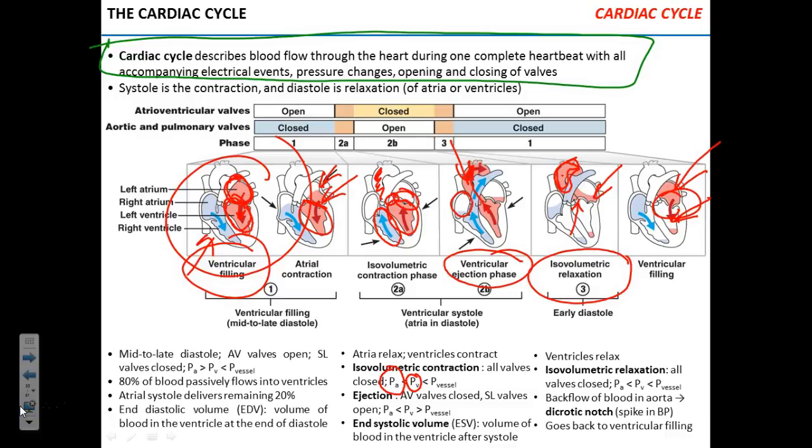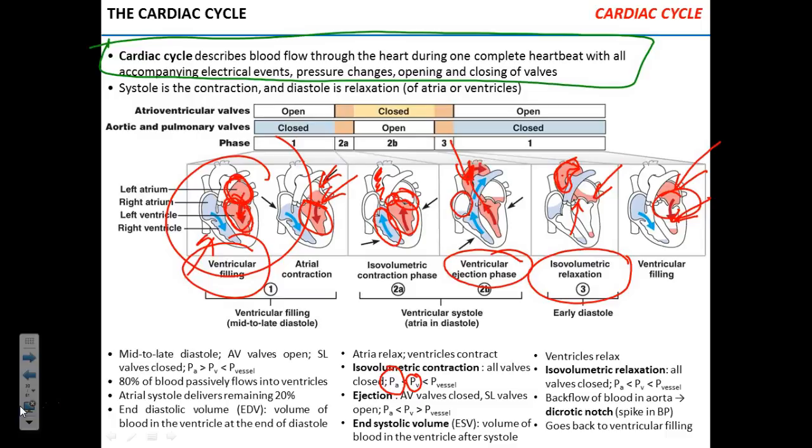So you have atria, you have ventricle. And that's your filling. They're all relaxed. Ventricular filling. Everything is relaxed. At the end of ventricular filling, the atria contract. And that increases the pressure in the ventricle to the level that the valve between them is closing.